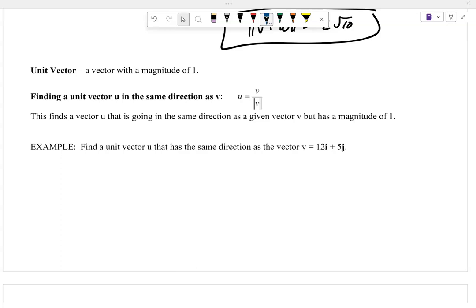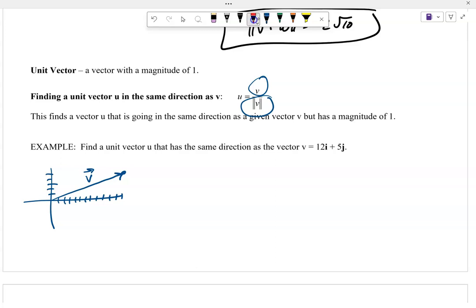And so to find a unit vector u, you take the original vector and just divide it by its length, its magnitude. That'll give you a unit vector. So for example, this one, 12i plus 5j. Here's vector v originally, and what we're looking for is the unit vector.